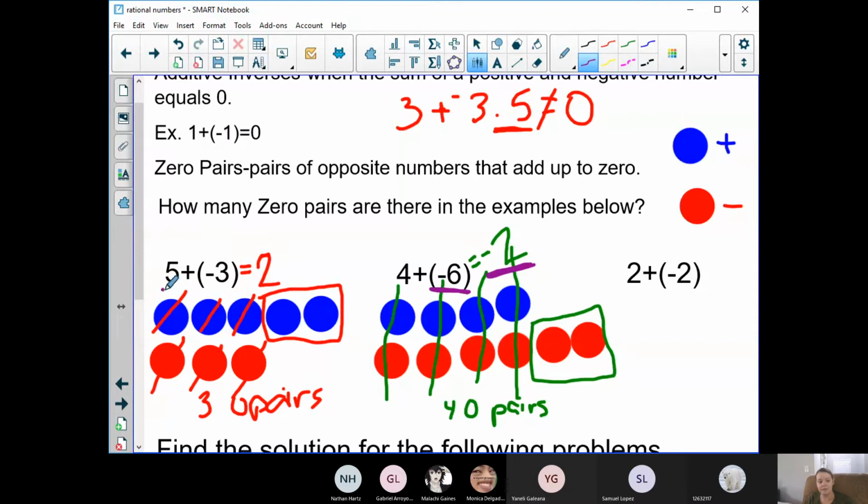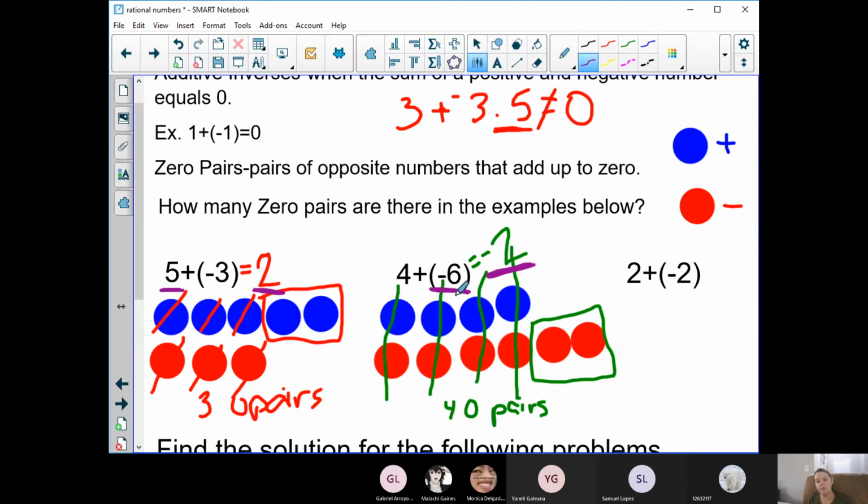On this first one, our positive number in the addition equation was bigger, so our answer was a positive 2, okay?